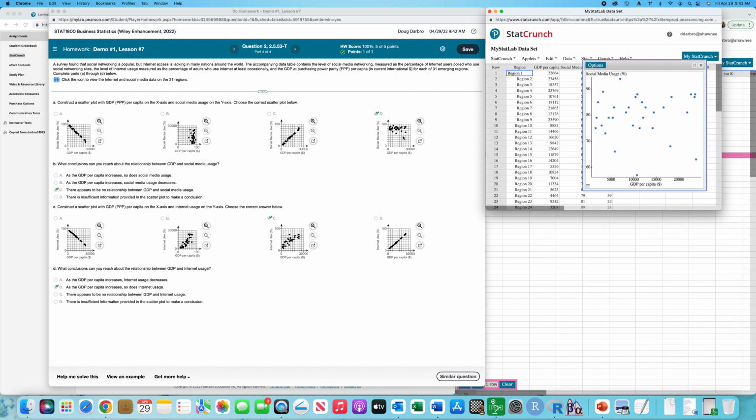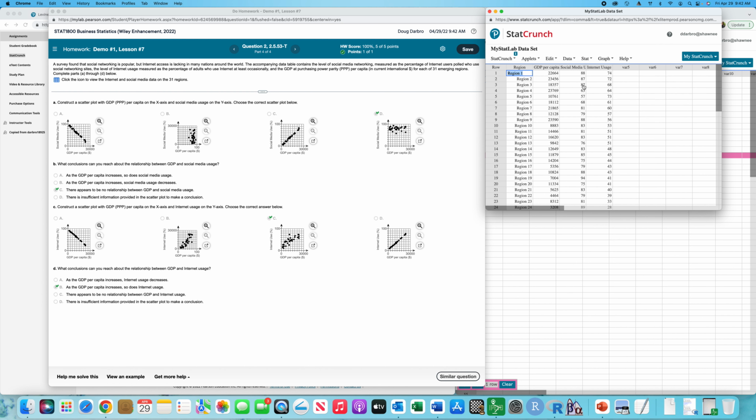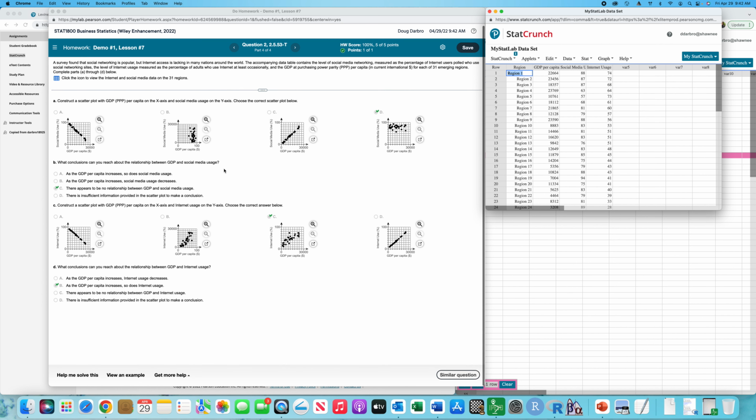So what I did is I just tried to focus on where 55 would be and focus on that. And again, I selected there appears to be no relationship because a linear trend would have a positive or negative linear relationship that would be represented by the cluster of data points.